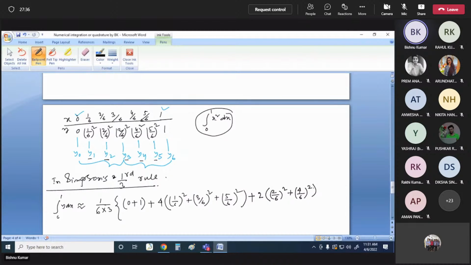For your remembering purpose, I have created this easy example so that you may be able to apply the formula.